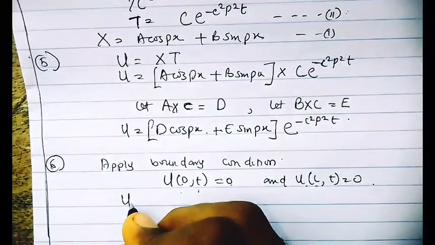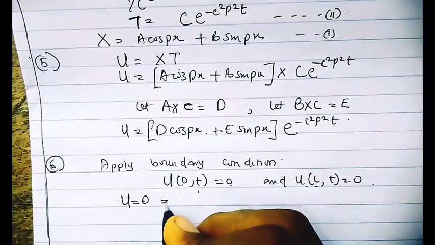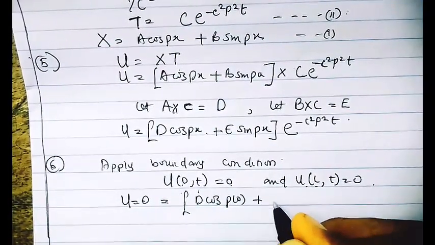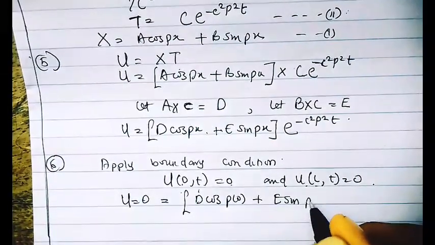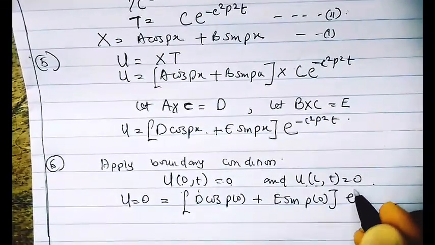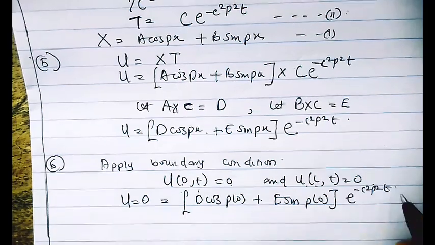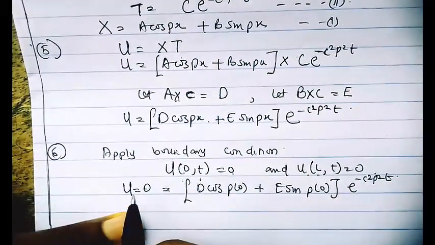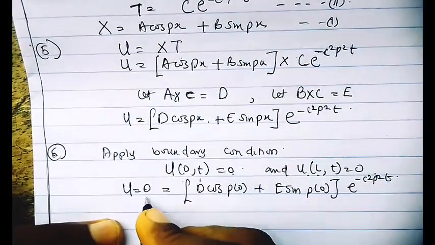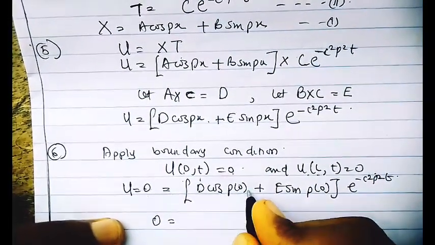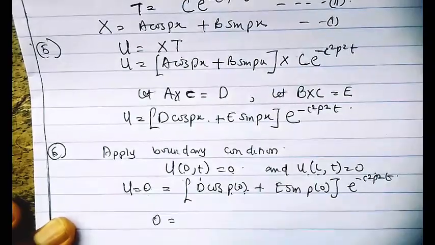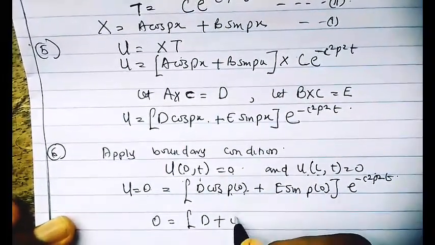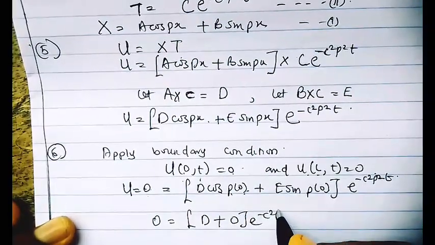So u is equal to 0, which is equal to d cos p times 0, plus e sine p times 0, times exponential minus c squared p squared t. Remember, this exponential is a function of t, so nothing will affect it. So 0 is equal to, since p times 0 is 0 and cos 0 is 1, I'm just left with d, plus sine 0 is 0, times exponential minus c squared p squared t.